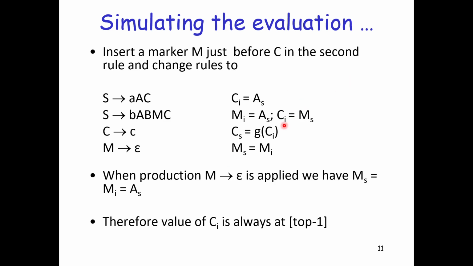Therefore the value of Ci is always at the top minus 1. Ms contains the value of As, because As is copied to Mi, and Mi is copied to Ms. So Ms contains the value of As, which is actually below the C. So for both productions we can write it as top minus 1.